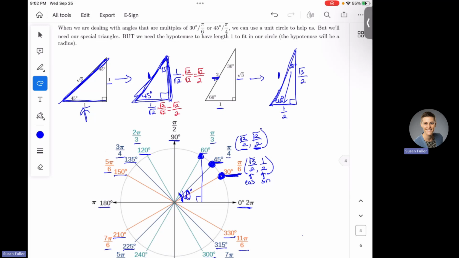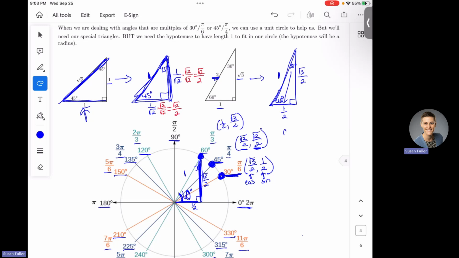This is a 30, 60, 90 triangle. My 30 degrees is up here. The side opposite the 30-degree angle is half the hypotenuse, and my hypotenuse is 1. And that means this side over here is root 3 over 2. And that means that to get this ordered pair, my x value is 1/2, and my y value is root 3 over 2.